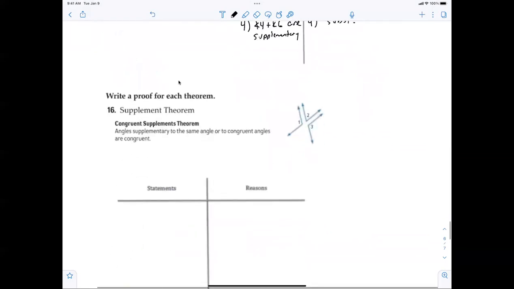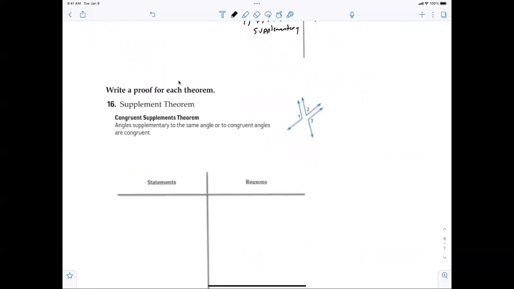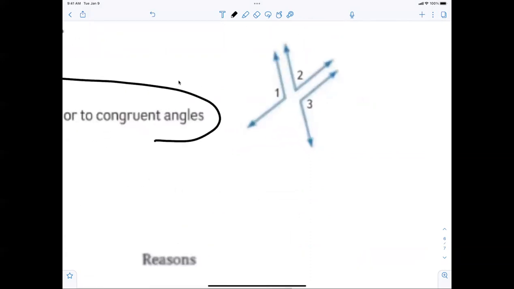Okay, now we know right off the bat that angles supplementary to the same angle or to congruent angles are congruent. That is what we're trying to prove. All right. So what's true looking at this figure right here? What are they telling us?